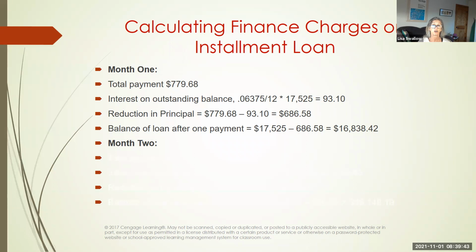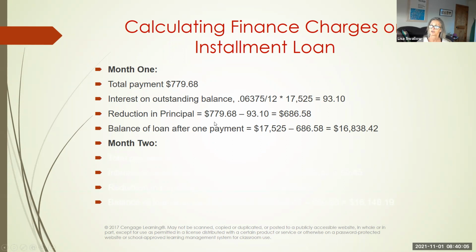So do I still owe $17,525? No, I owe $17,525 minus the principal reduction. So now here is the amount of outstanding principal. Please calculate it for month 2. Turn off the tape and just do this calculation.